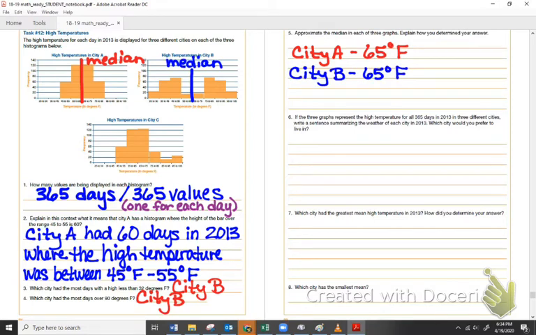City C is a little bit harder. It would be really helpful if I had a list of all 365 values and I could cross them off and find the exact middle. But since we have the frequency listed off to the side, I can use that to help me approximate the middle. So the first thing that I notice is that there are 60 values between 45 and 55.